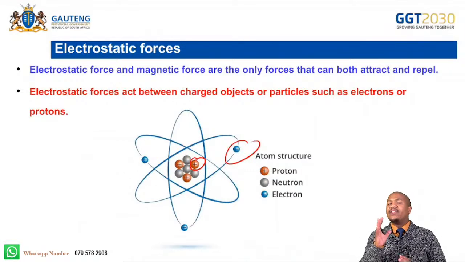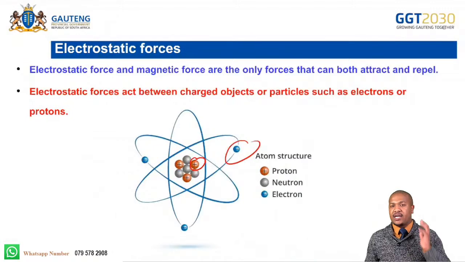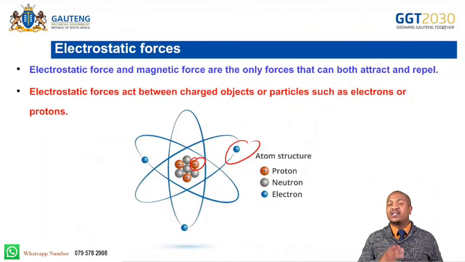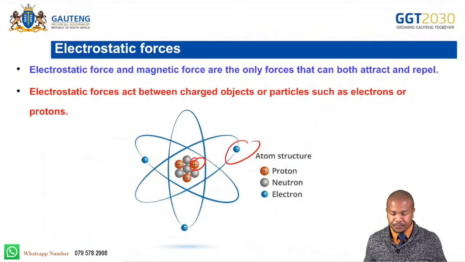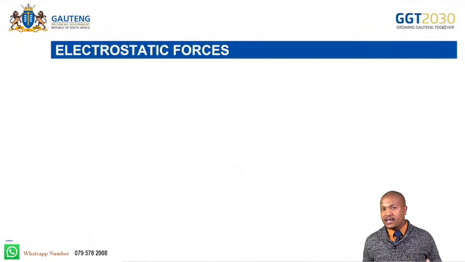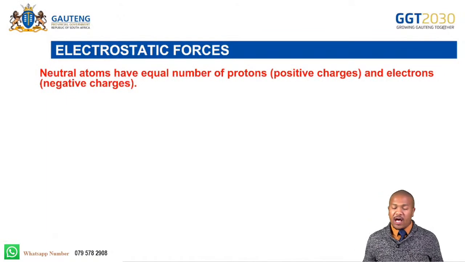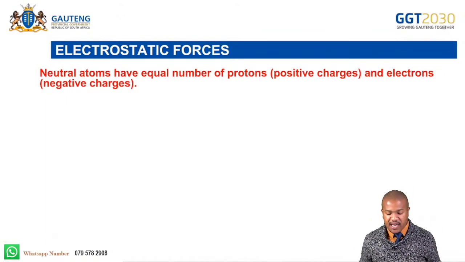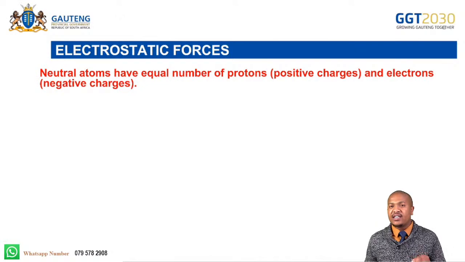So now, when there is friction between objects, there's some jumping of electrons, where the one object loses electrons and the other one gains these electrons, right? So that's what we're going to talk about in this section. Note that neutral atoms have an equal number of protons and electrons.